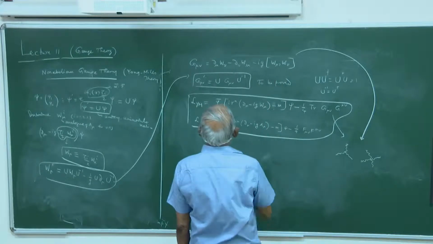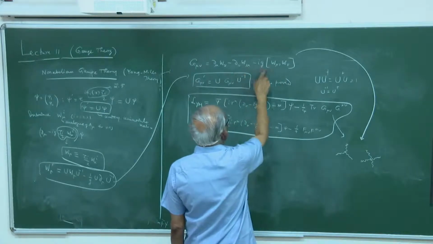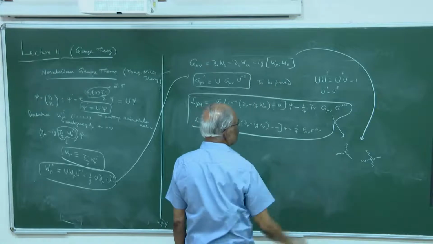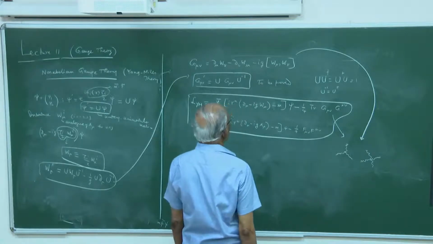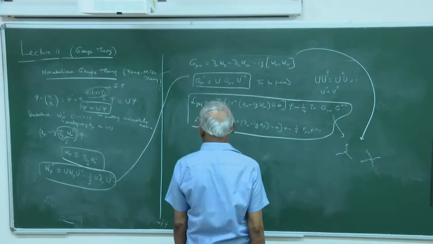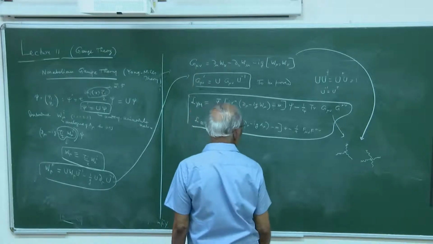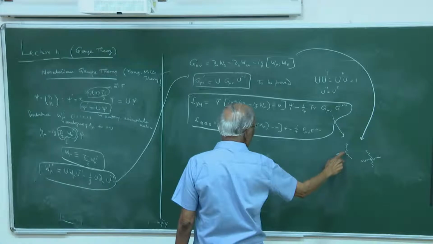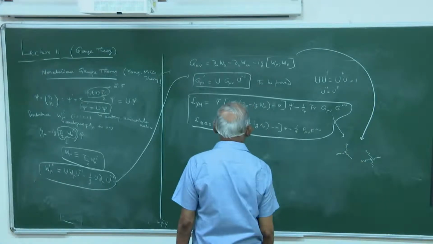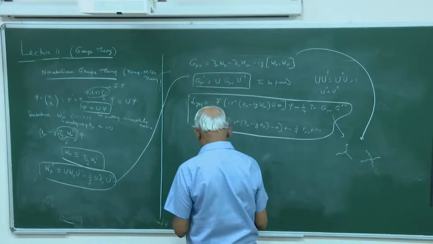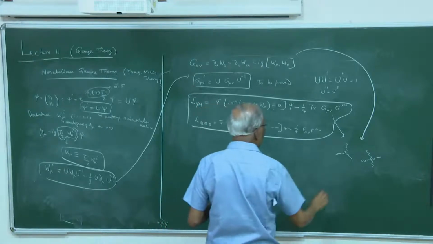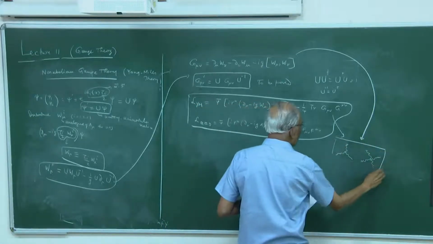So the square of that will contain a cubic term and a quartic term. Remember, in the definition of W mu also G will come, so this coupling will be proportional to G, and this will be G squared. Those are details which we will see later, but it's better to recognize this straight away.